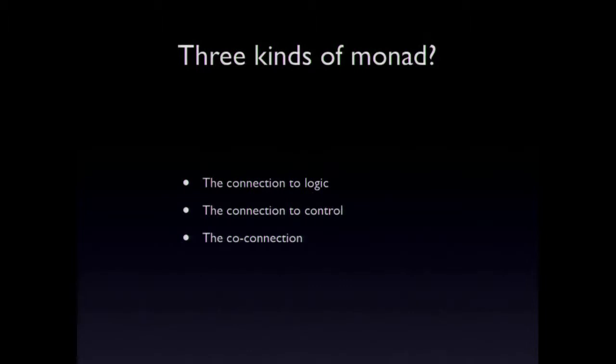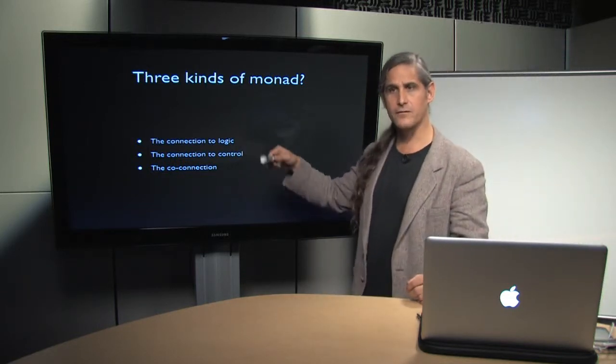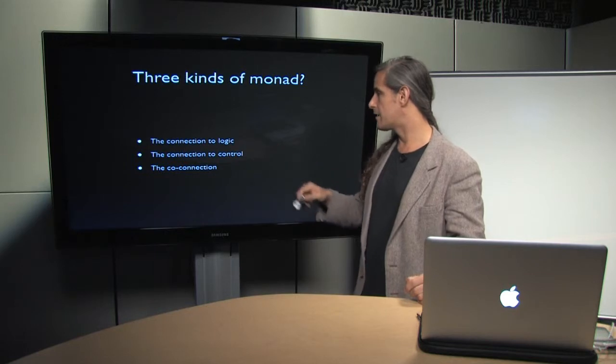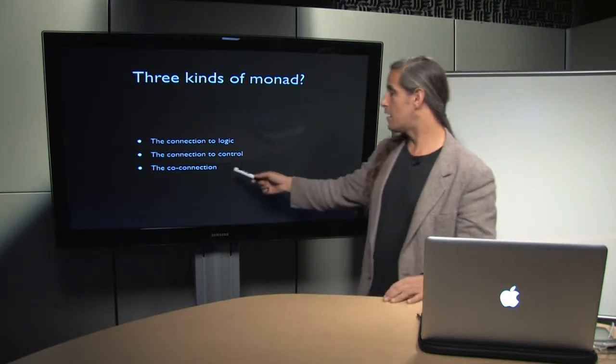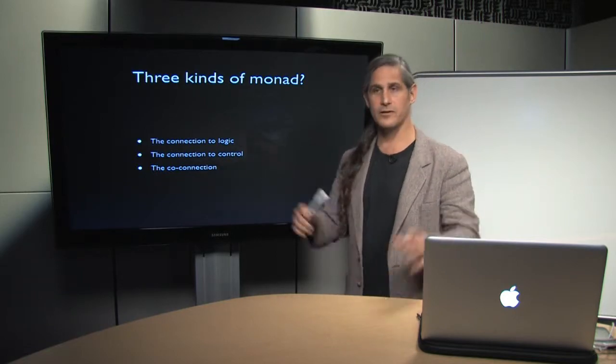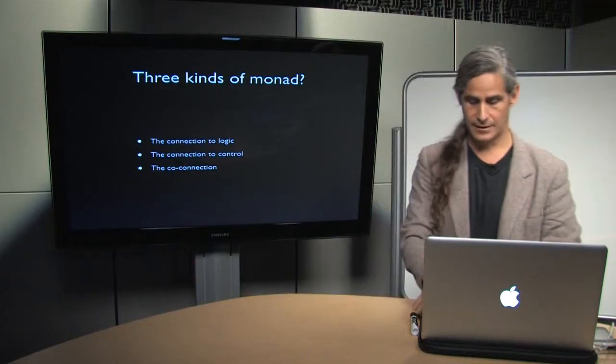Oh, we're coming up on time here. So I'm going to skip the connection to logic and defer that to next time, and go right to the connection to control, and then in the next section we'll talk about the co-connection, which is wedding the monad and the comonad together.